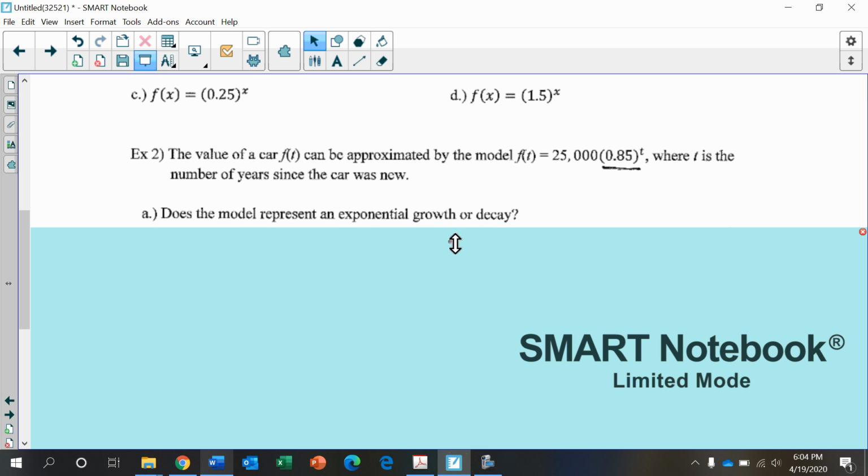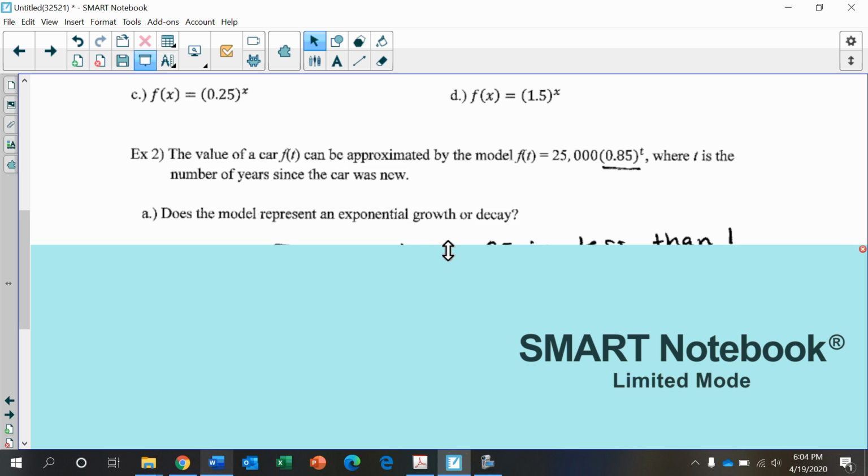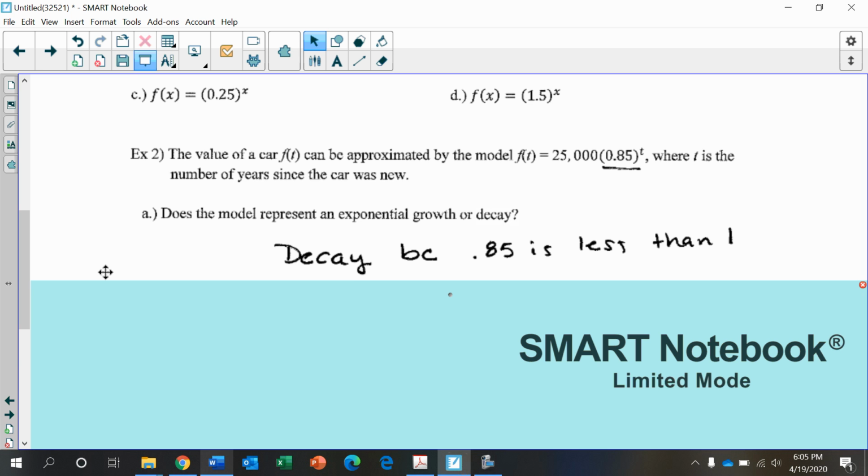It says identify if this is a growth or decay. So remember, we focus on what's inside of the parentheses. In this case, it's 0.85. If it's 0.85, I know it's going to be decay because it's less than 1. All right, decay.